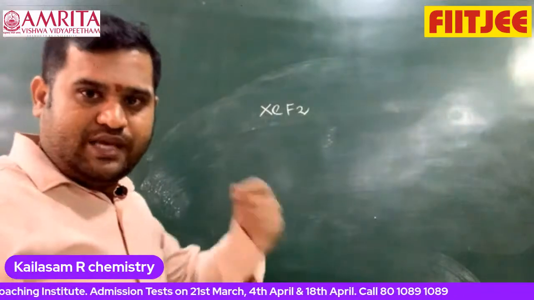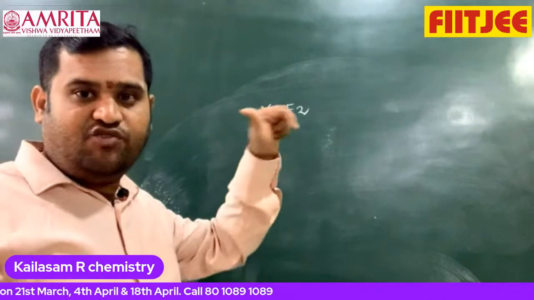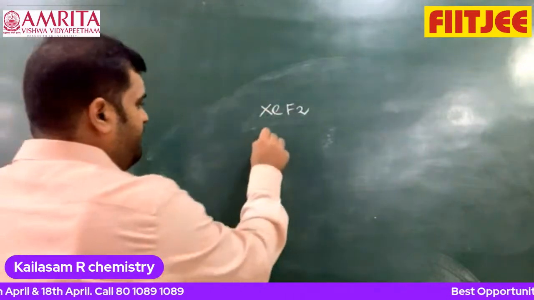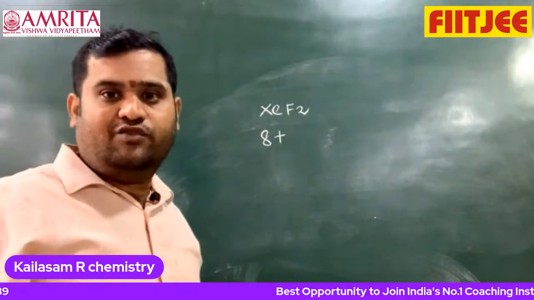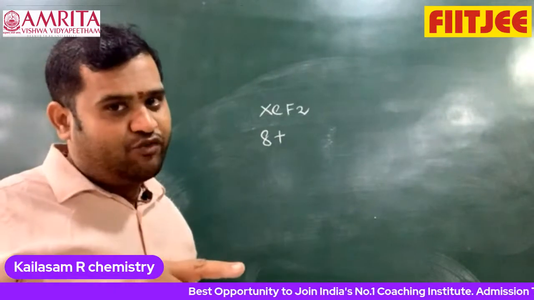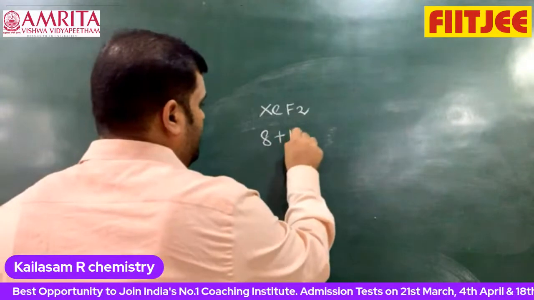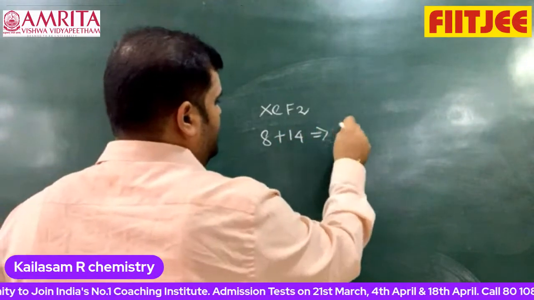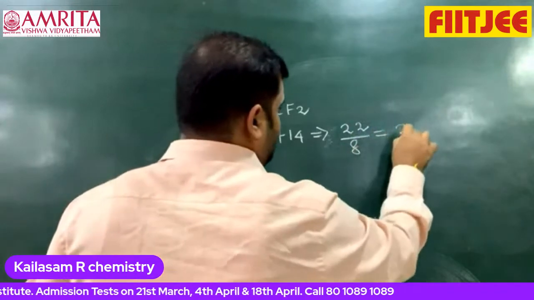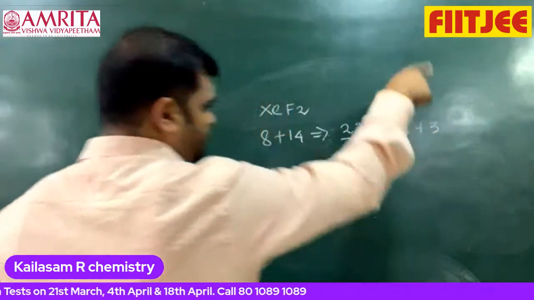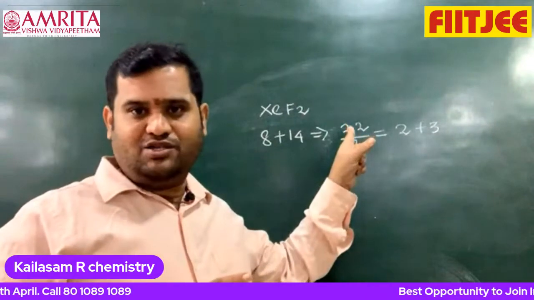In this XeF2, how do we find out? The valence electron of xenon is 8. What is the number of valence electrons of fluorine? 7. How many fluorines are there? 2, so 14. Which gives 22. 22 by 8, we can say 2 plus 3. Why is that 2 plus 3? Very simple. 2 8s are 16. The remainder is 6.